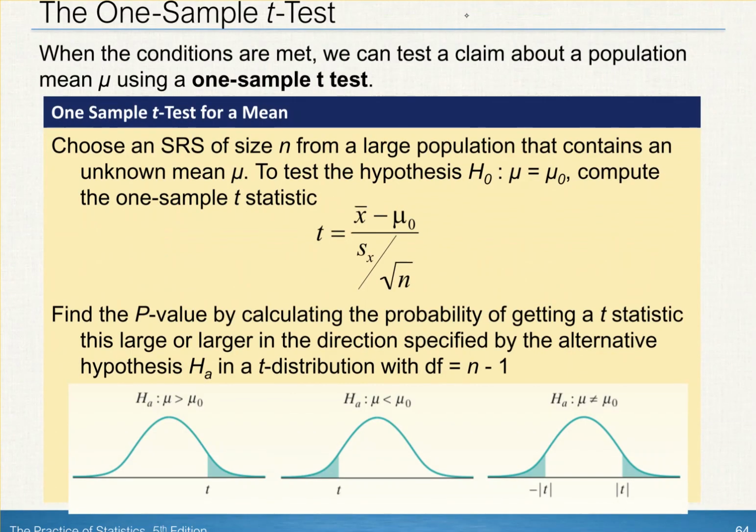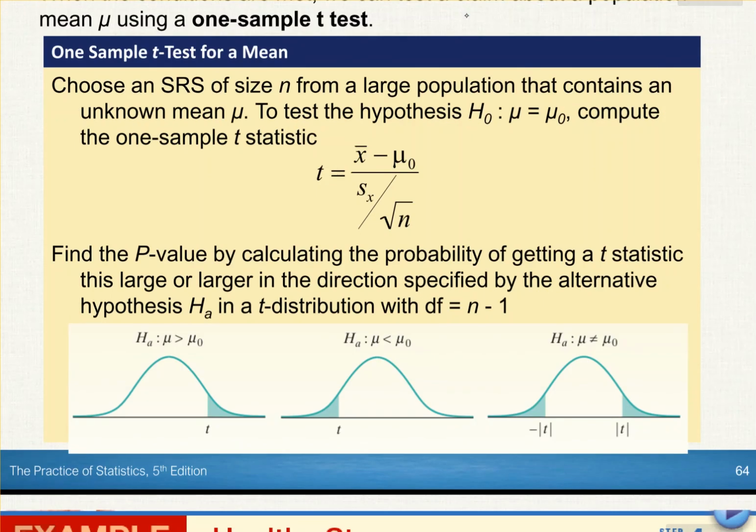All right, so when the conditions are met, that is, approximately normal, a well-designed random sample or experiment, and the 10% rule, if those are all satisfied, then we can test a claim about a population mean mu using a one-sample t-test. That's more or less what we were doing in the last example. So choose an SRS of size n from a large population that contains an unknown mean mu. Test the null hypothesis that mu equals mu naught.